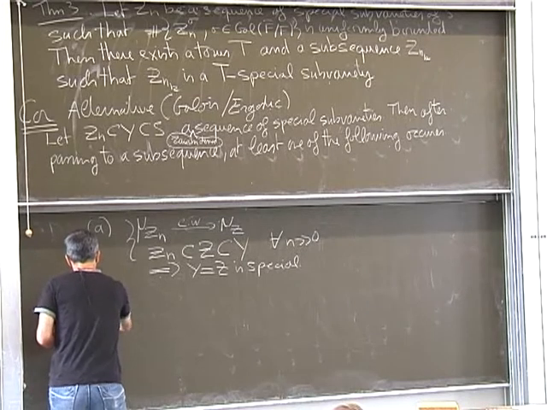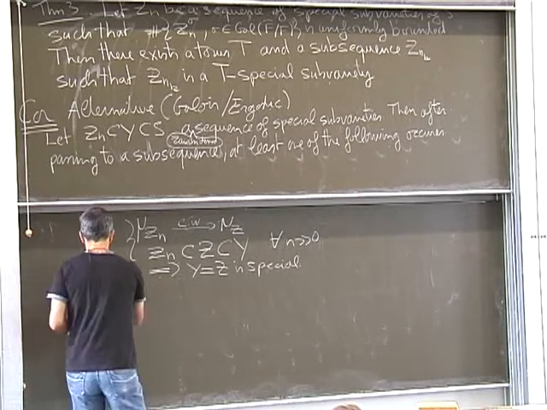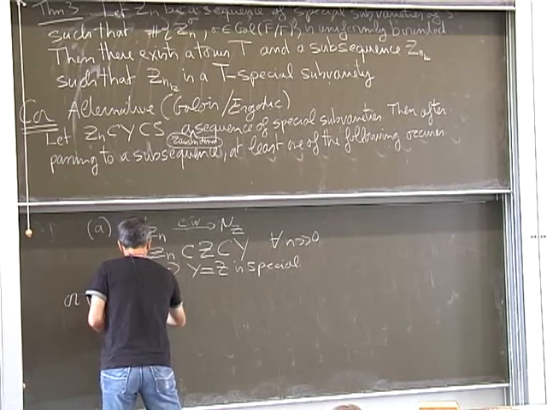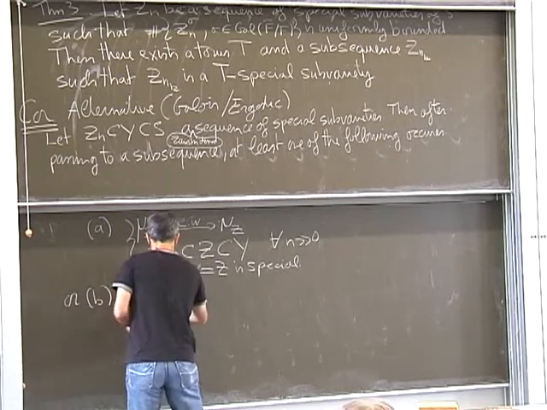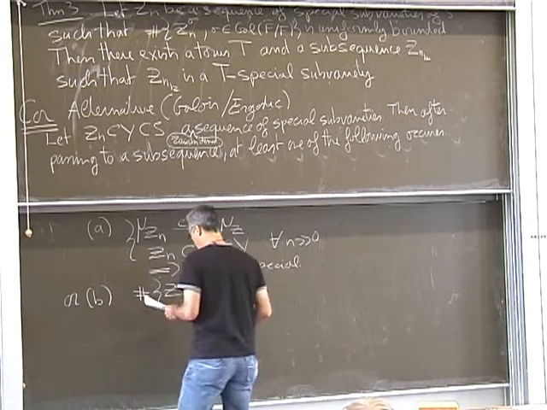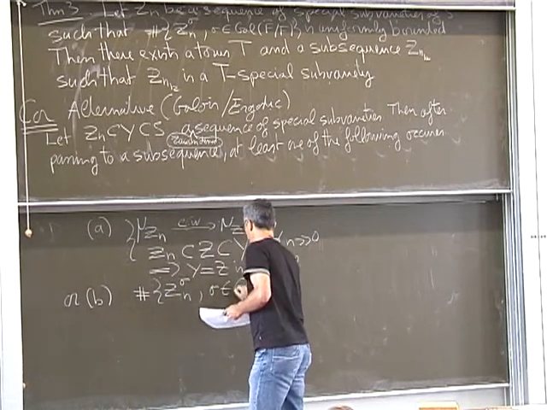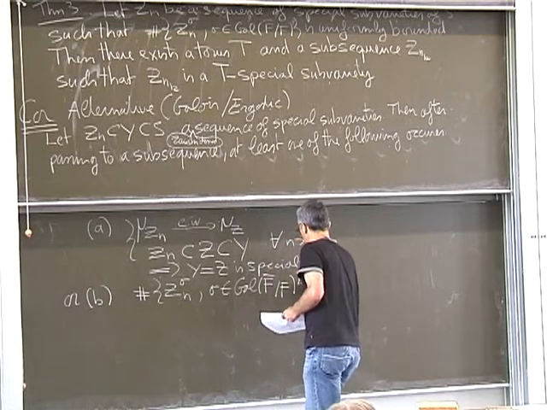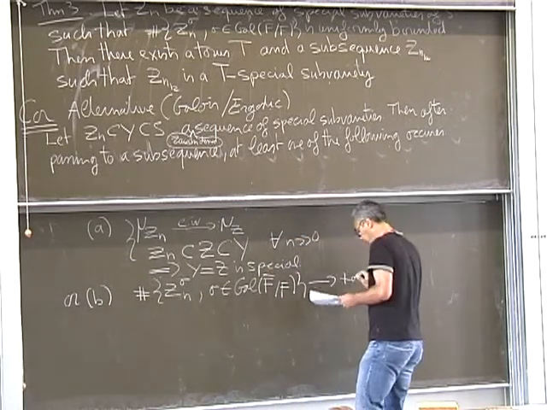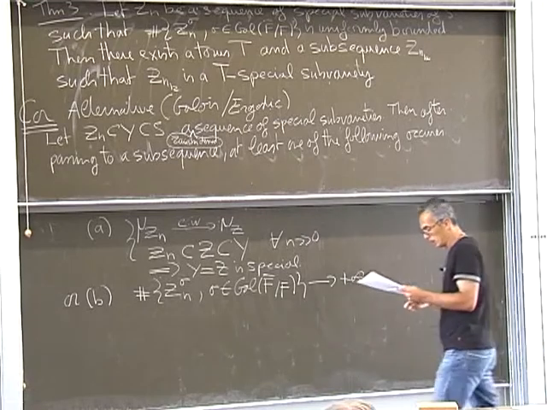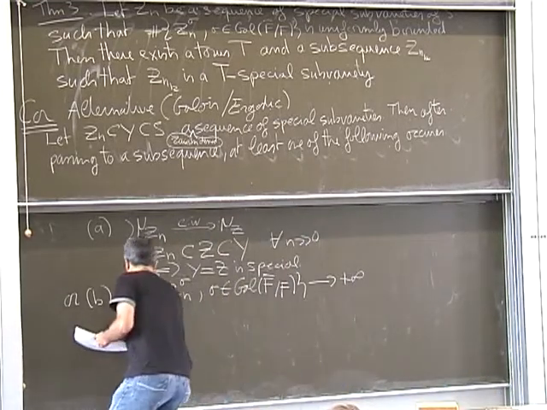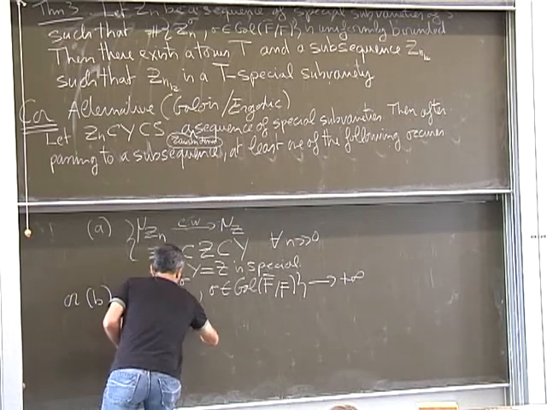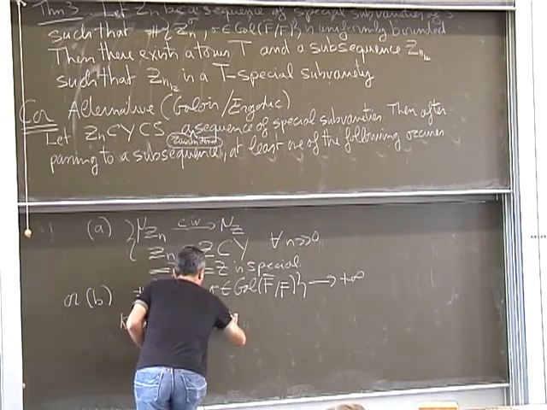And the other possibility is that the cardinality of the set of Galois conjugates tends to plus infinity, and then starts the work of Klingler and Yafaev.